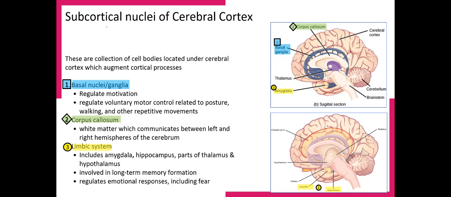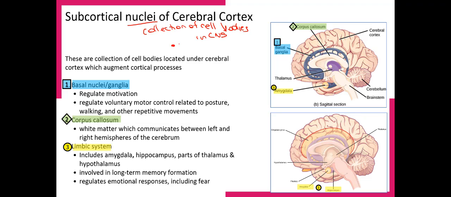When we get to the inner part of the cerebral cortex, we've got nuclei. And remember, nuclei is a collection of cell bodies in the central nervous system.